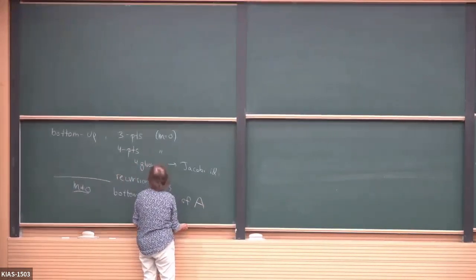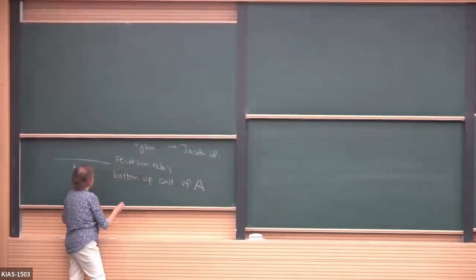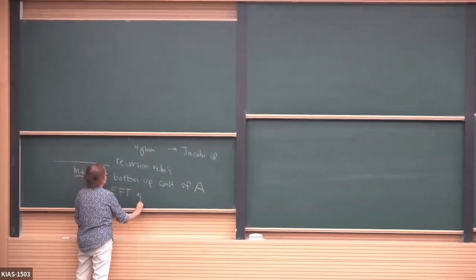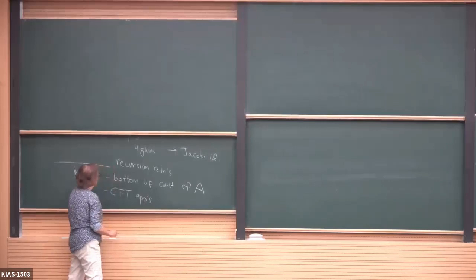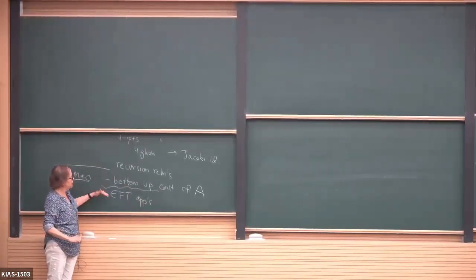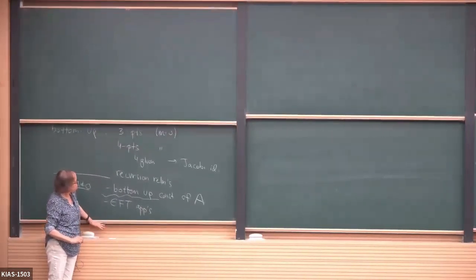And then the next thing that we're going to do is we'll talk about EFT applications. So hopefully we're going to finish this part today pretty much, and then we can talk about EFT applications tomorrow.